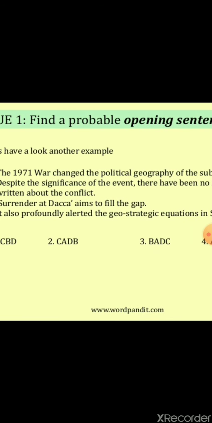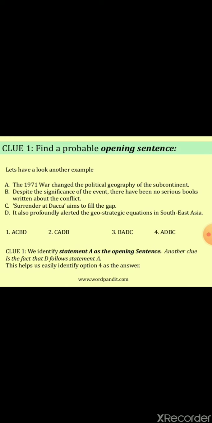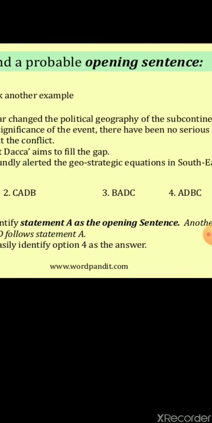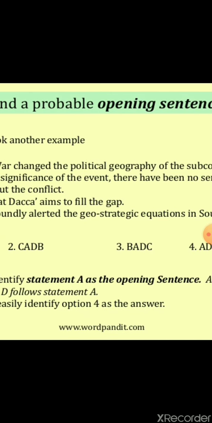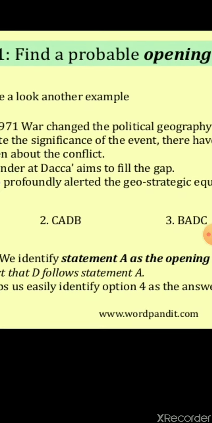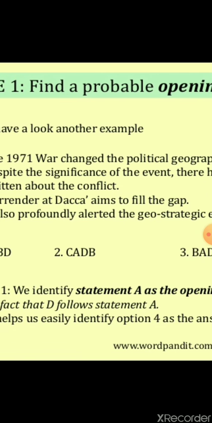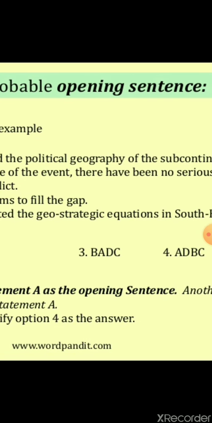Now after that we need to work over the last sentence. We will move like this. We identify statement A as the opening statement. Another clue is the fact that D follows statement A. This helps us easily identify option 4 as the answer.